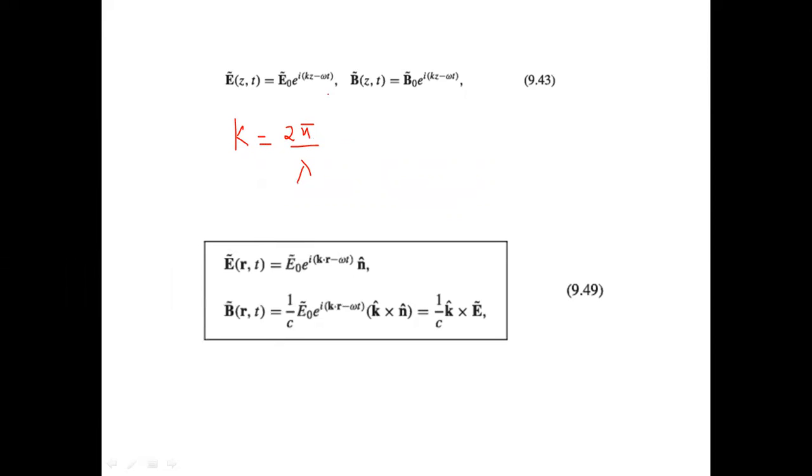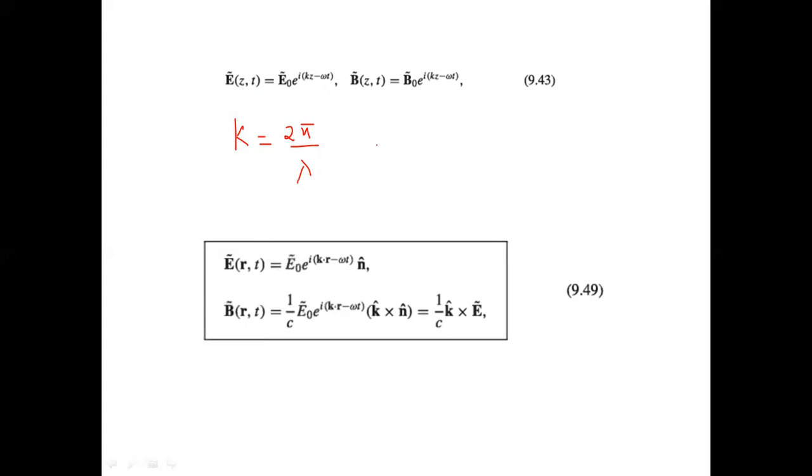And z is where the electric field is varying. Z is the direction of propagation, and the electric field is a function of z and t.